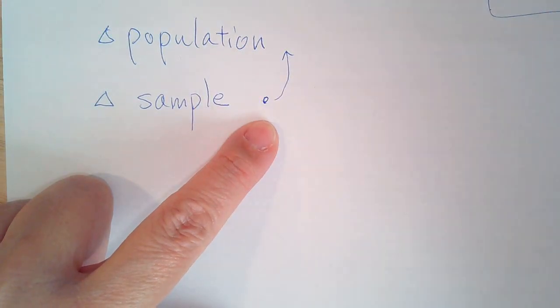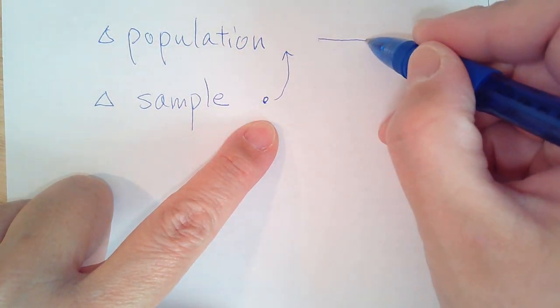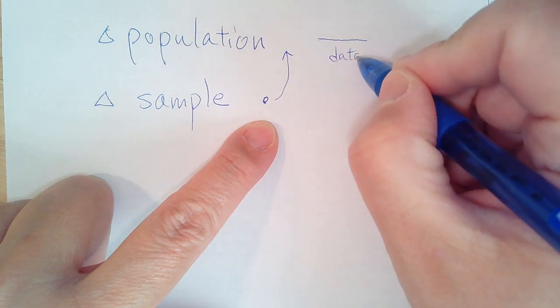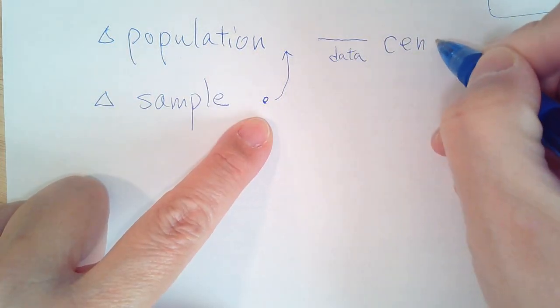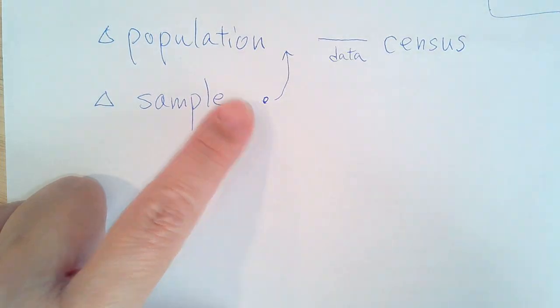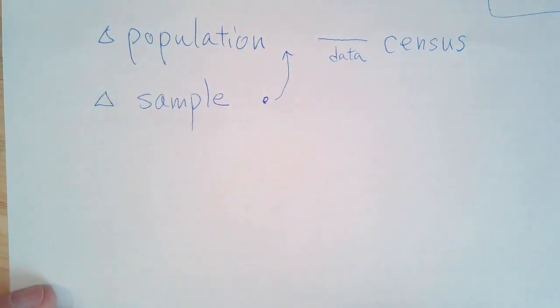That's the general idea. And for the data collected for the population, there's another word you probably heard before. It's census. You probably heard of the Census Bureau, right? So a census is a collection of the data from every member of the population. And of course, sample data is only part of it. It's like the subset.